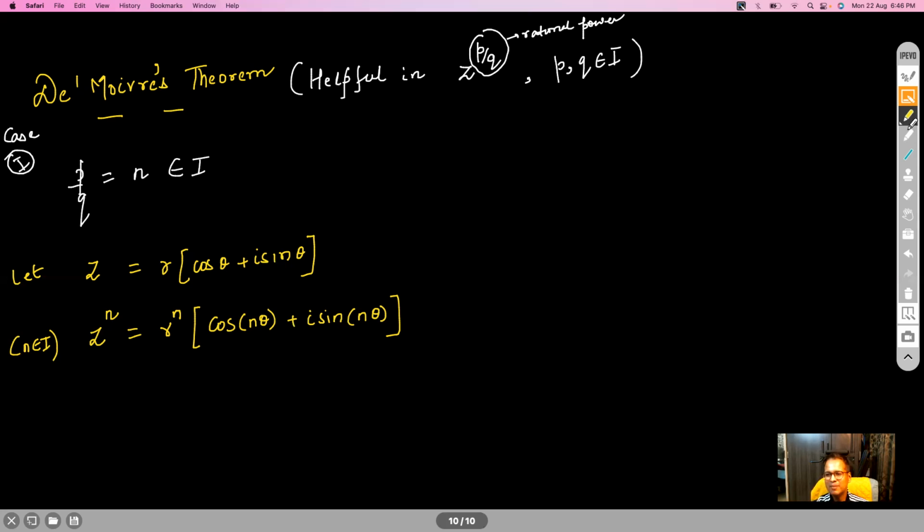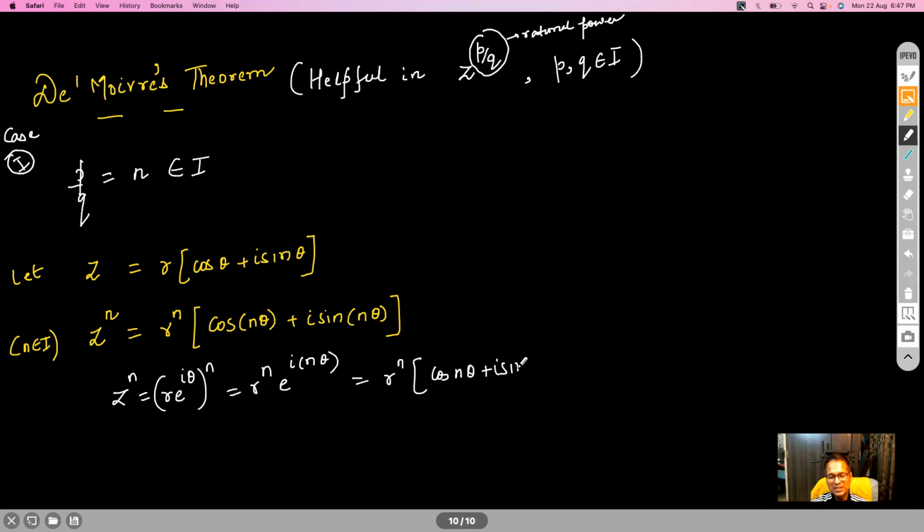Understood? Now many people would say that it is very easy to perceive this from Euler's form. Yes, if you write it from Euler's perspective and raise it to the power of n, that means you are raising this also to the power n, which means it becomes r to the power n e to the power i n theta. So if you write it in the polar form, it becomes this.